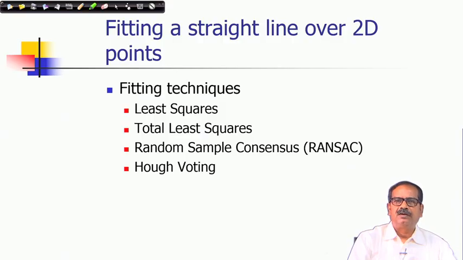So, we will be considering only a very simple model of fitting a straight line over two dimensional points, and we will discuss some of these techniques: least squares, total least squares, random sample consensus, then Hough transform, mentioned here as the Hough voting technique.